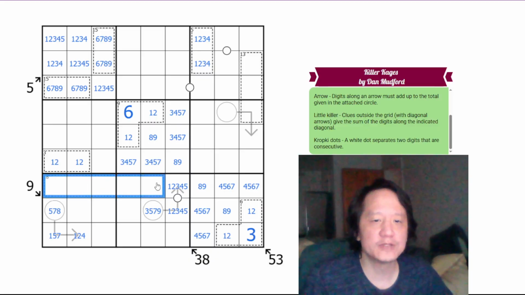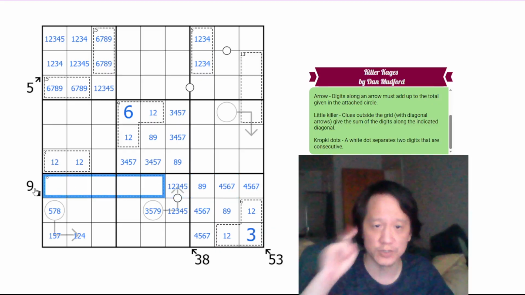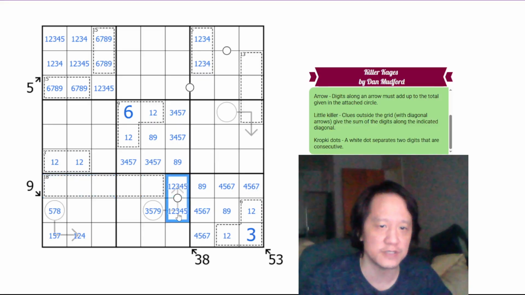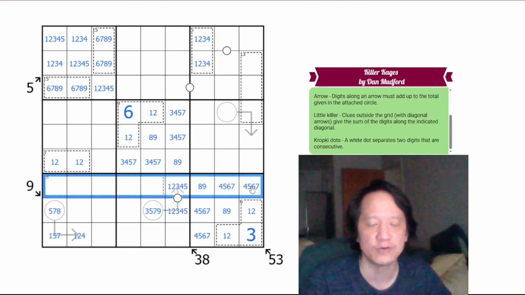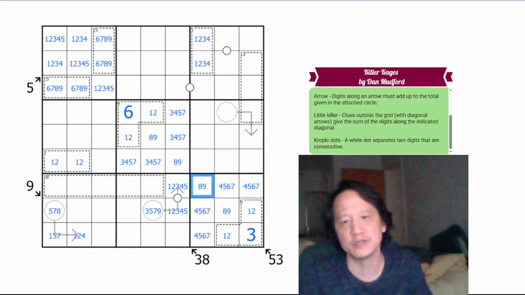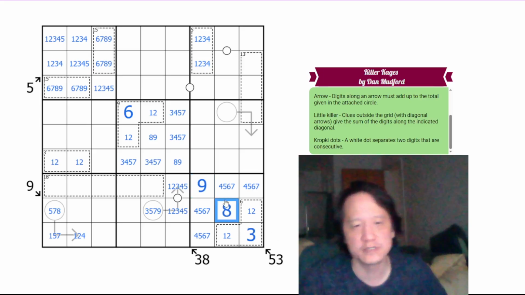Well, that means where is the 9 in row 7? It cannot be here because, again, the highest digit in this cage is 8. Cannot be here because these two digits add up to another digit. So this is never 9. And these can't be 9 because of the 8, 9 pair in the box. So the only possible place for 9 in row 7 has to be here. So this is 9, this is 8.